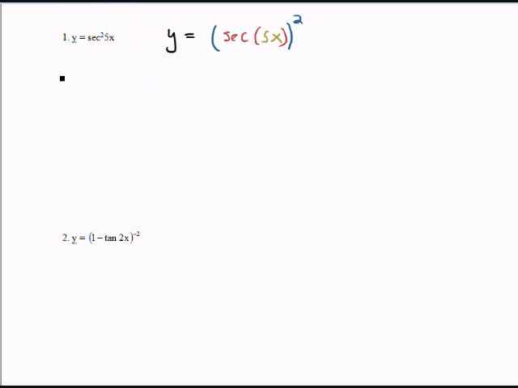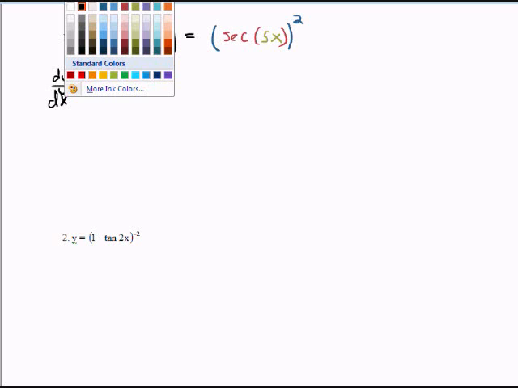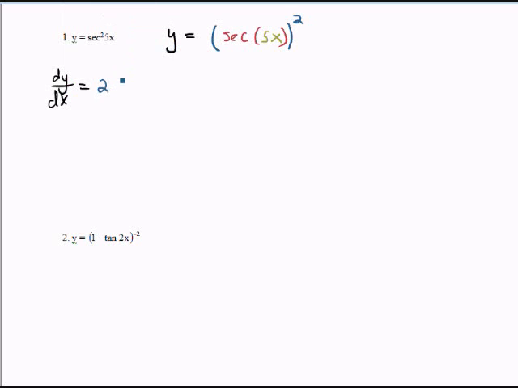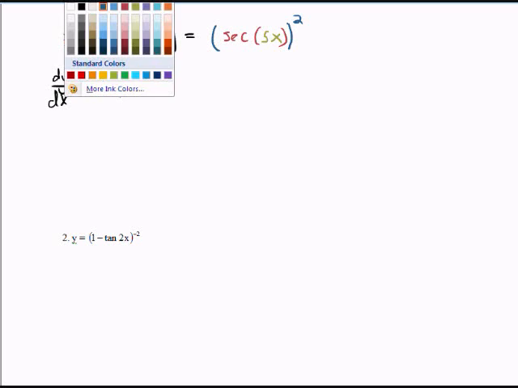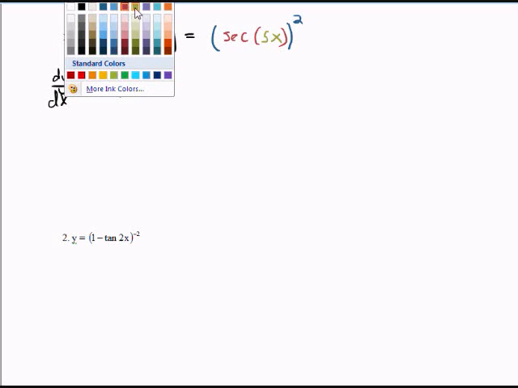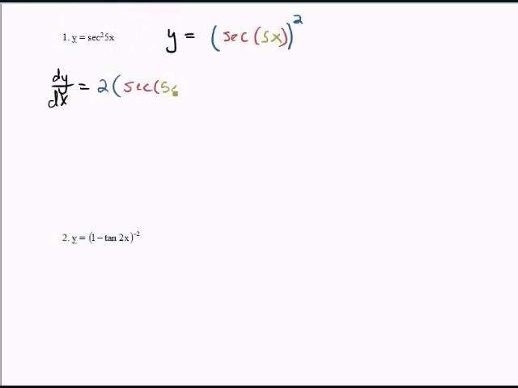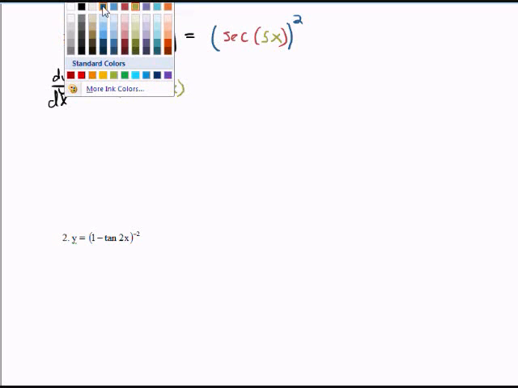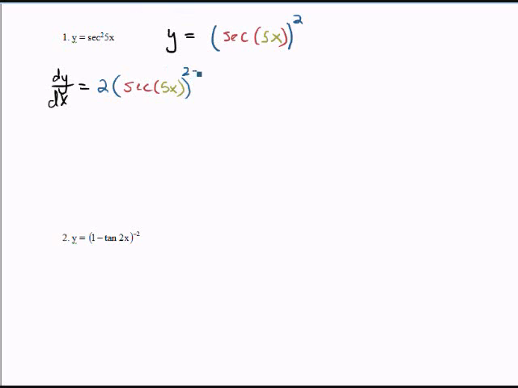So let's just rewrite the derivative of y with respect to x is equal to, so now we're going to do the blue function, which is 2, leave the inside alone. Two minus 1 times the derivative of the inside. So derivative of the inside is just the middle piece, which is the red part.